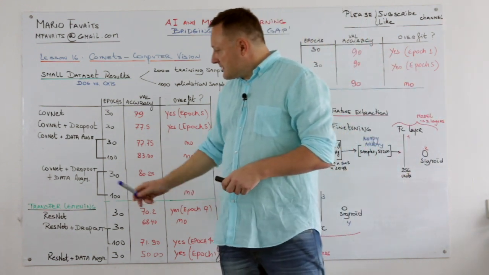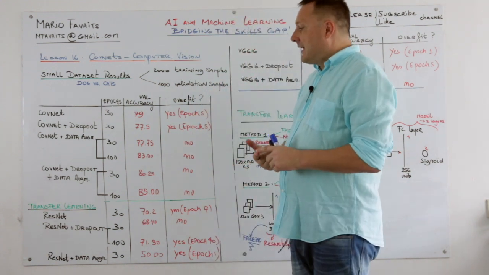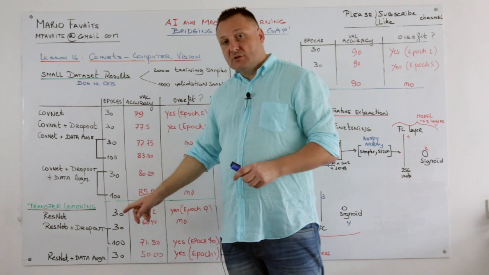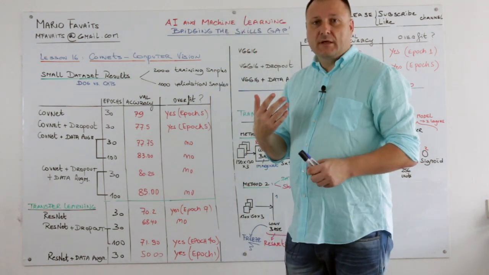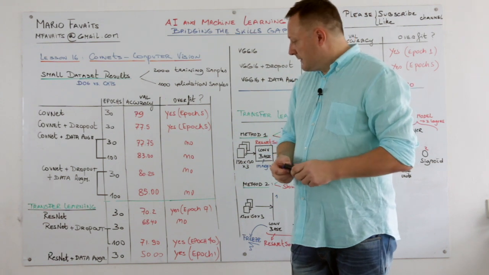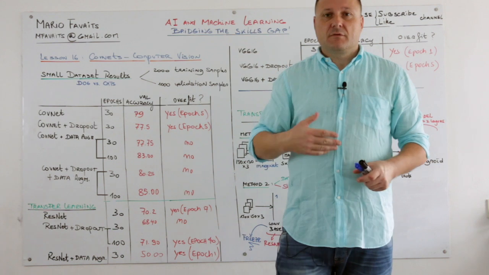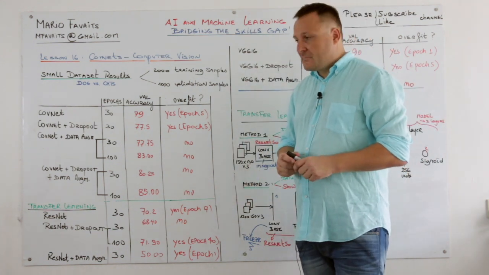Then we have the last scenario of this block where we have dropout and data augmentation, for both 30 and 100 epochs. You see that for 30 epochs we reach 80%, no overfitting, and when we go to 100 epochs we even reach 85% with no overfitting.